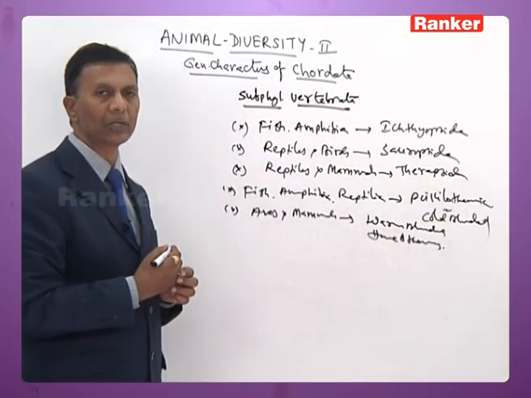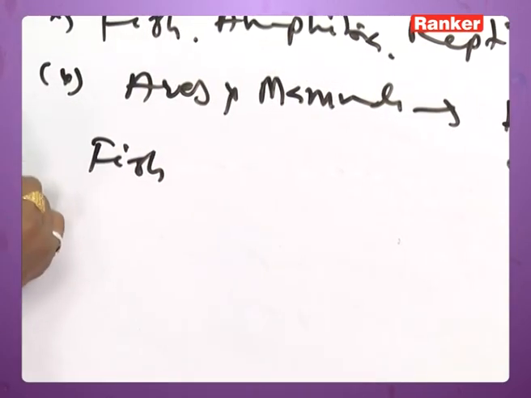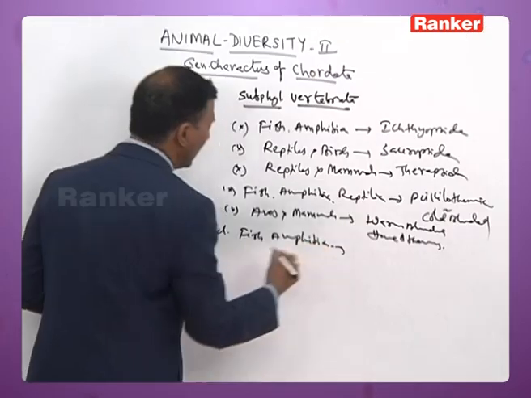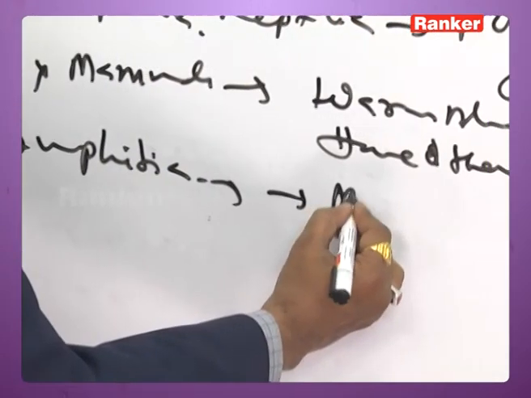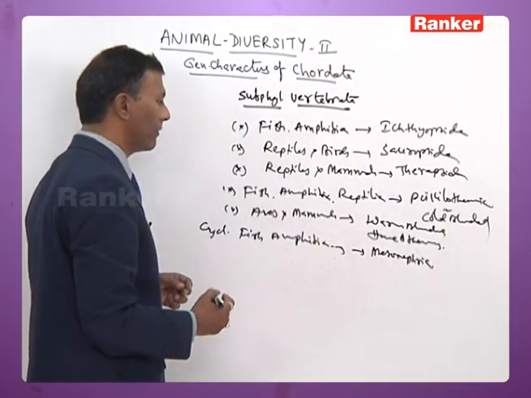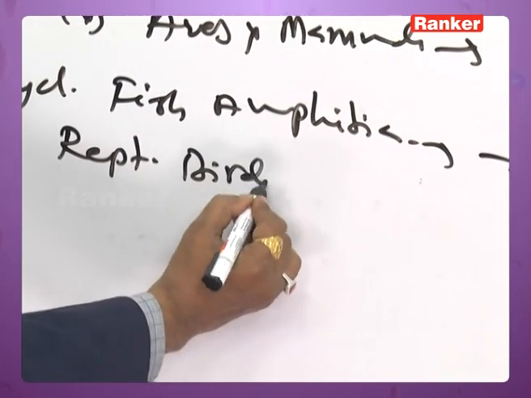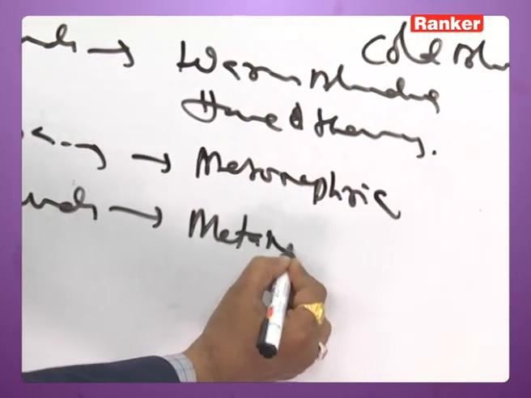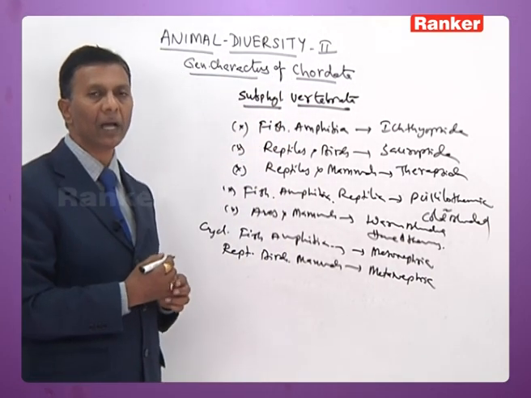In cyclostomes, fish and amphibia, the kidneys are mesonephric. While in reptiles, birds and mammals, kidneys are metanephric.